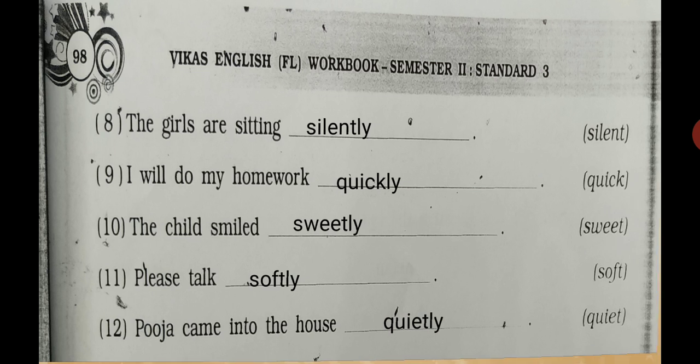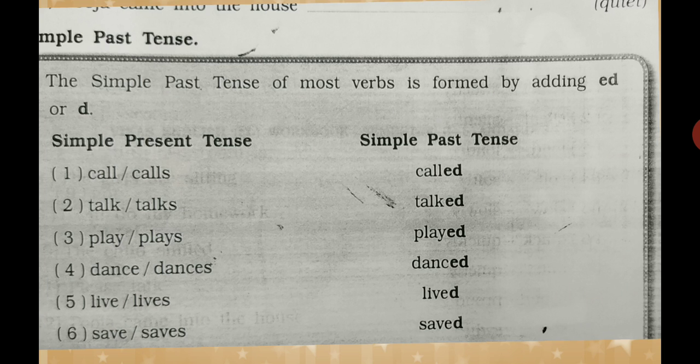Now, the next question number 8. Simple past tense, which we have learnt in our lesson number 15. Here, some examples have been given which we make into past form by adding D or ed, and they are called regular verbs, right?